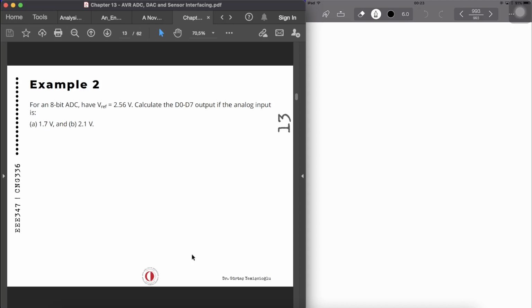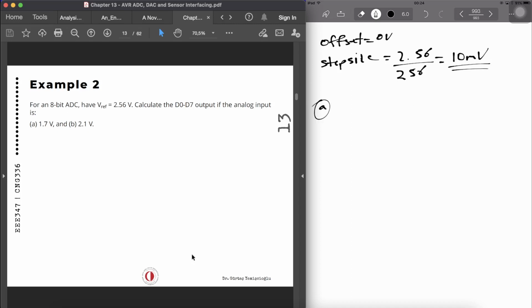It's not given, so it's implied. And it's an 8-bit ADC, so offset equals 0 volts. And step size is VREF divided by 2 to the power 8, that is 2.56 over 256, which will give us a 10 millivolt step size.